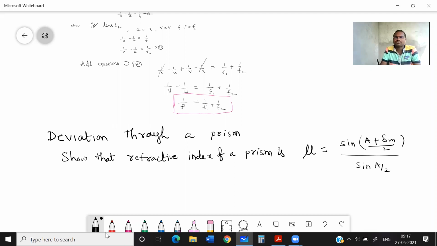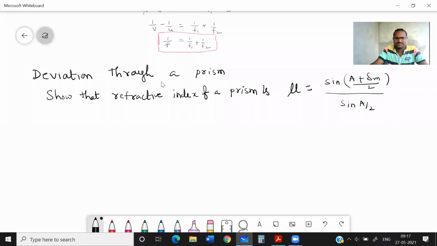This derivation we have to derive. Okay, this is our present topic. Let us discuss this one.